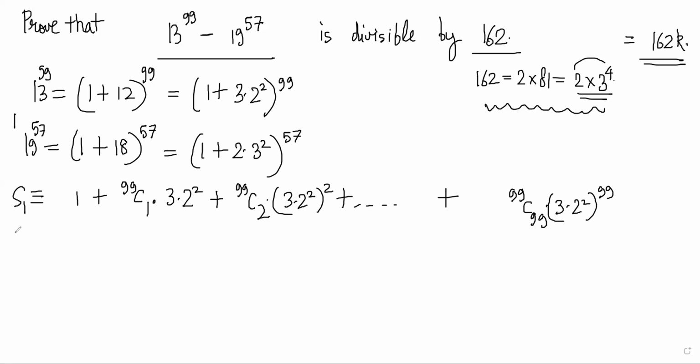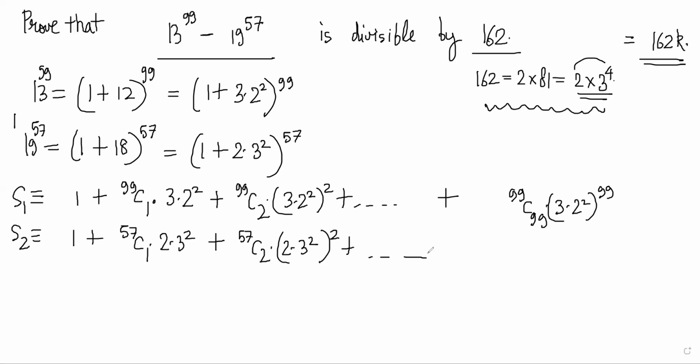And series 2 will be 1 plus 57C1 into 2 into 3 square, plus 57C2 into (2 into 3 square) whole square, and so on, till 57C57 (2 into 3 square) power 57.